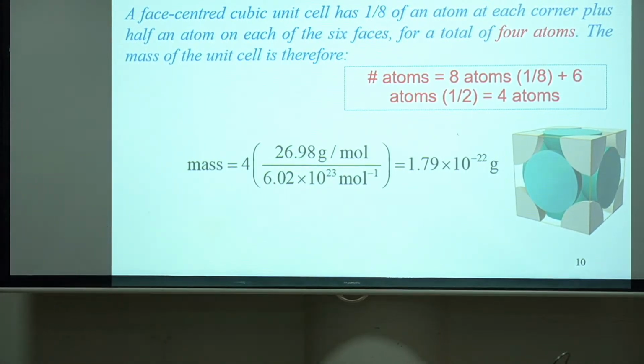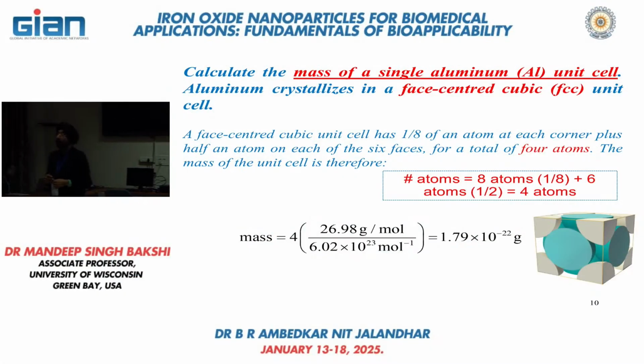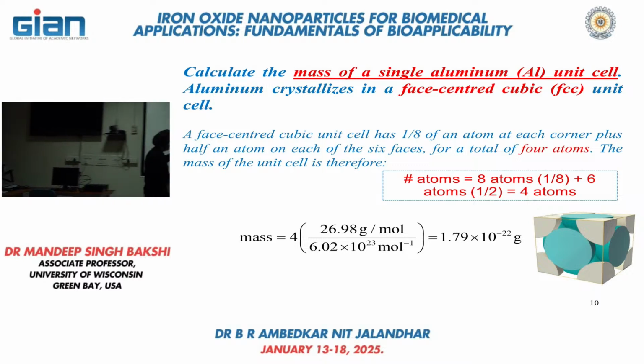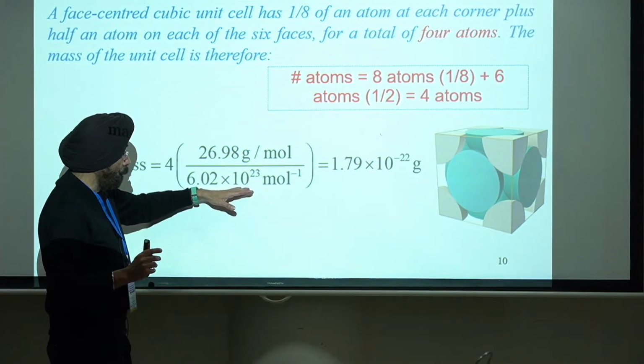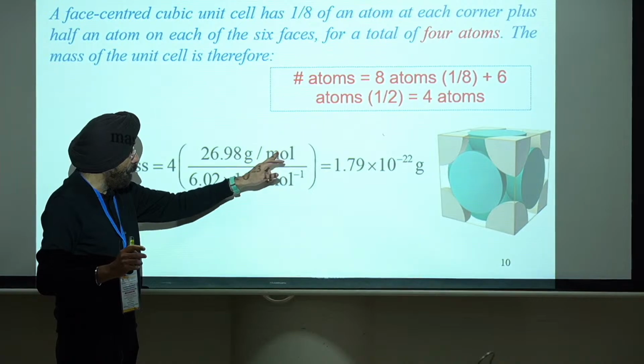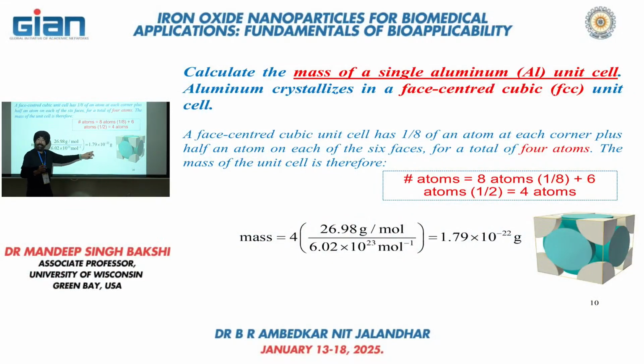The definition of a mole is the number of atoms equivalent to Avogadro's number. So if you need to calculate the mass of a single atom, you have to divide this formula mass of aluminum by Avogadro's number per mole. You must cancel the unit with the unit, and eventually you should have the answer in grams. So this is the mass of a single atom. Since there are 4 atoms, multiplied by 4, this is the total mass of the unit cell.